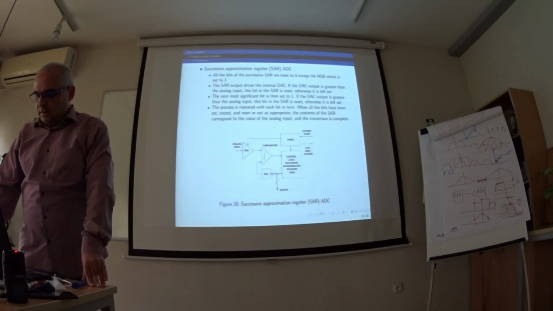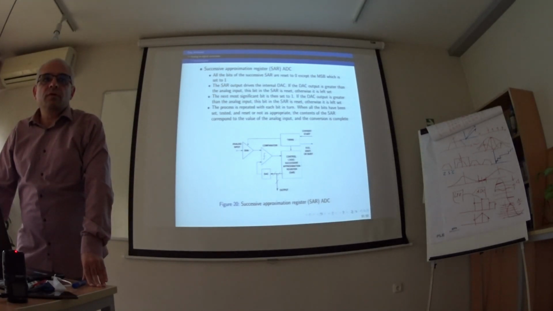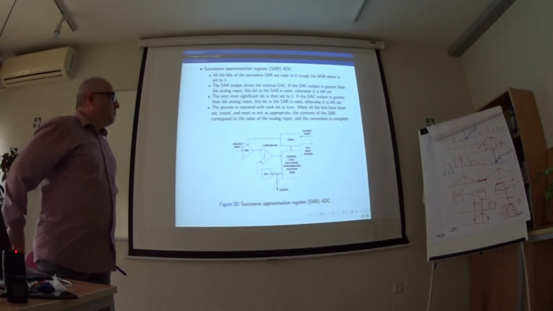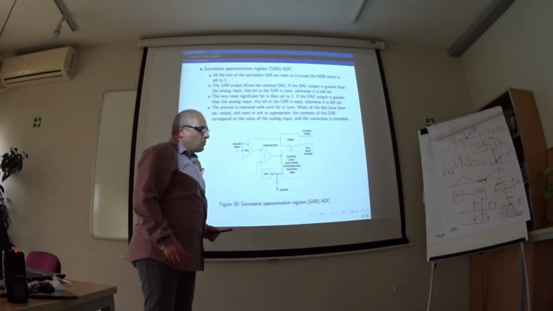The next type is successive approximation register. Very common analog to digital converters. Their resolution starts from, let's say, 8-bit up to 14. I've never seen such architecture for 16-bit because it is hard to build this digital to analog converter.